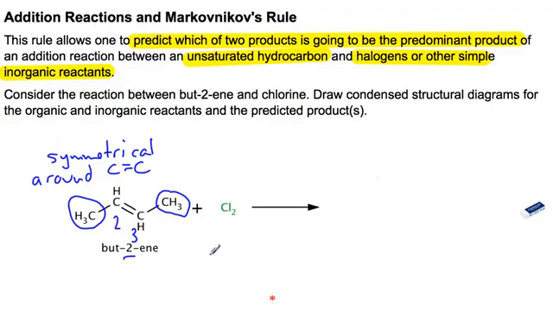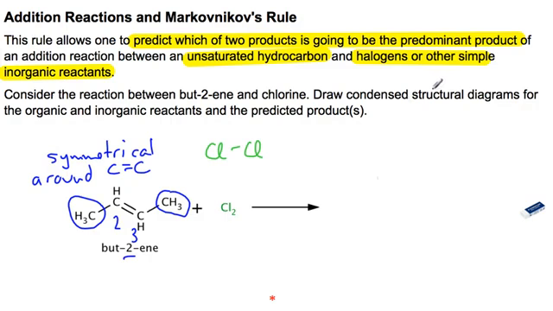Butene is a symmetrical organic reactant. Well, our inorganic reactant in this case is Cl2, and again we realize that Cl2 is a diatomic molecule with a single covalent bond, so that is also a symmetrical reactant. So the inorganic reactant is symmetrical.